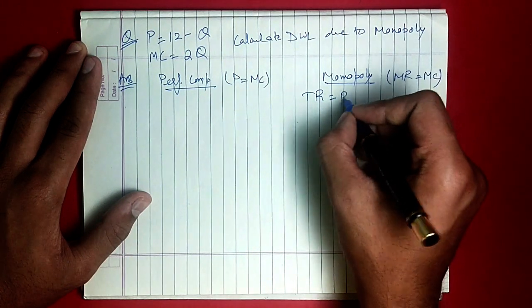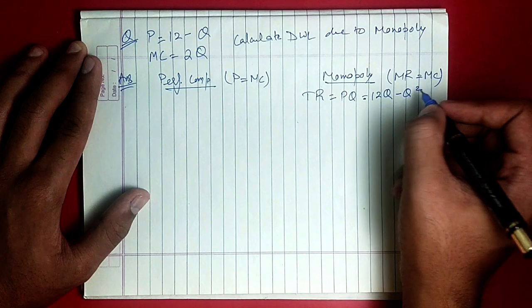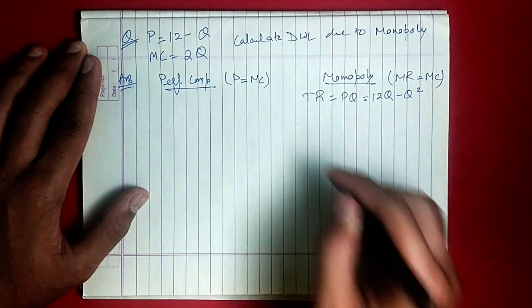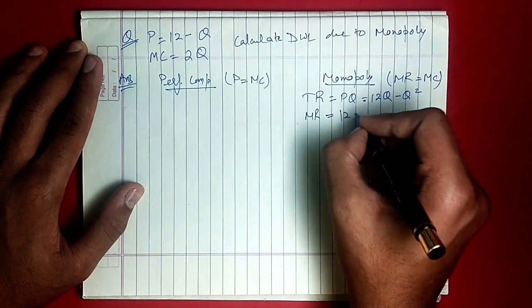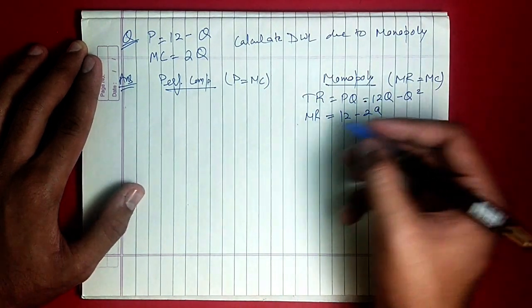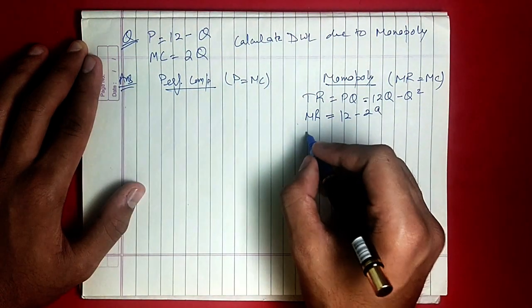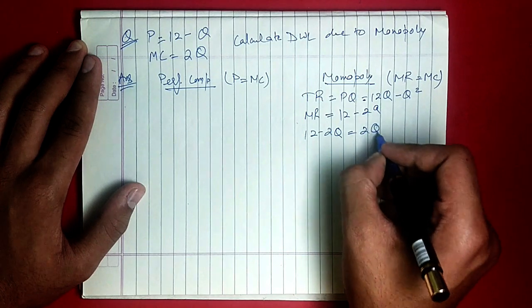You know TR is P into Q, which is 12Q minus Q square, right? Differentiating TR with respect to Q, you will get MR equals 12 minus 2Q. Now if you equate MR with MC, you get 12 minus 2Q equals 2Q.